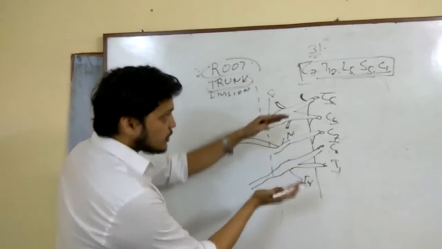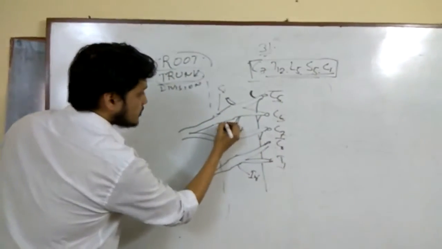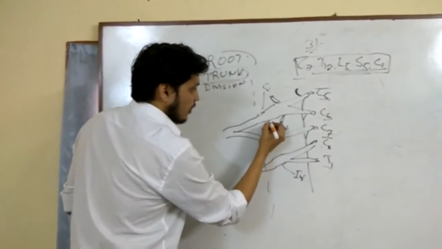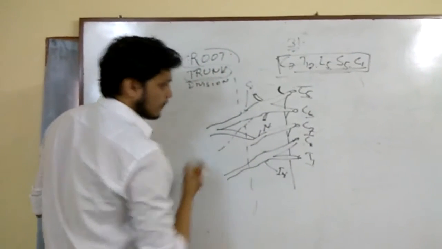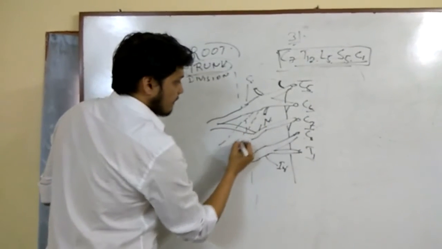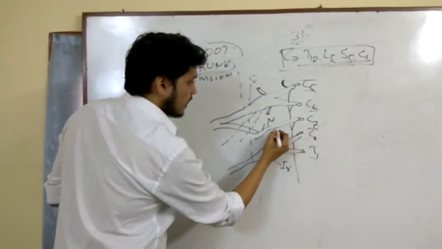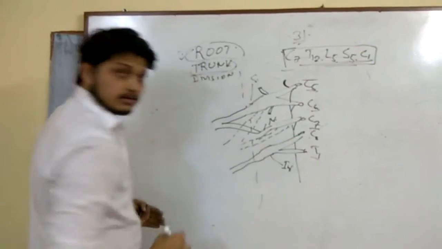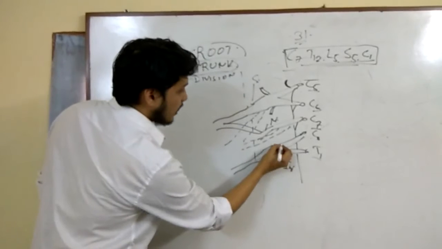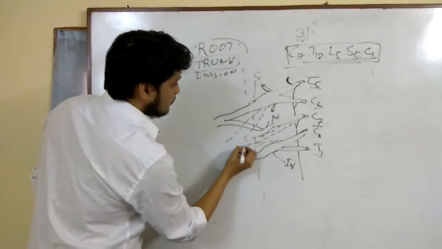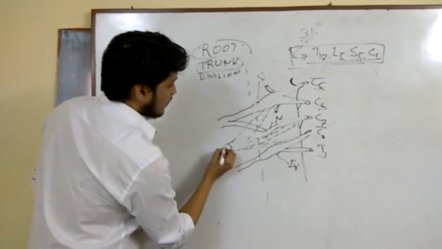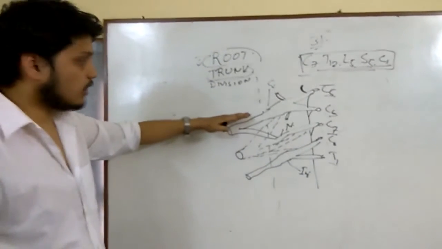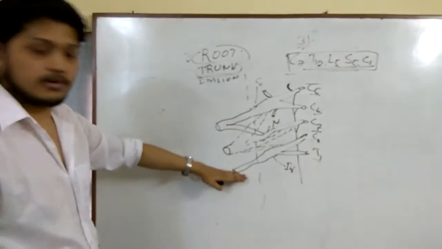And finally what we get is the posterior of all the trunks. I will mark the posterior as dotted lines. The posterior division of my superior trunk, the posterior division of my middle trunk, and the posterior division of my inferior trunk will eventually give me a superior division, middle division and inferior division.